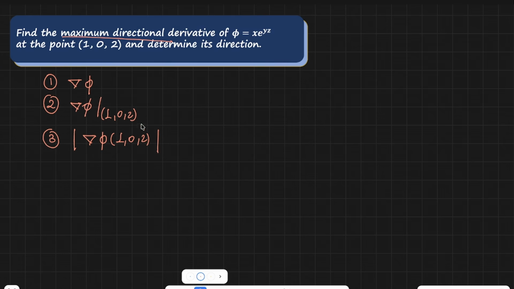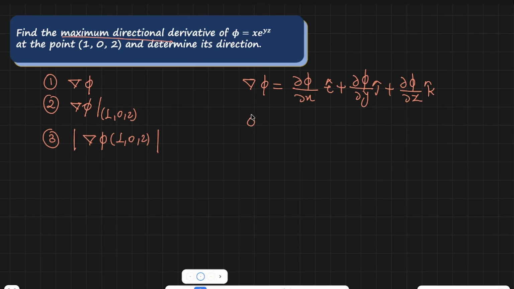So simply what you have to do, first of all, you have to calculate the gradient of phi. It means you have to find the partial derivative dou phi by dou x i cap plus dou phi by dou y j cap and dou phi by dou z k cap. For simply, what is your phi here? That is x e to the power yz.